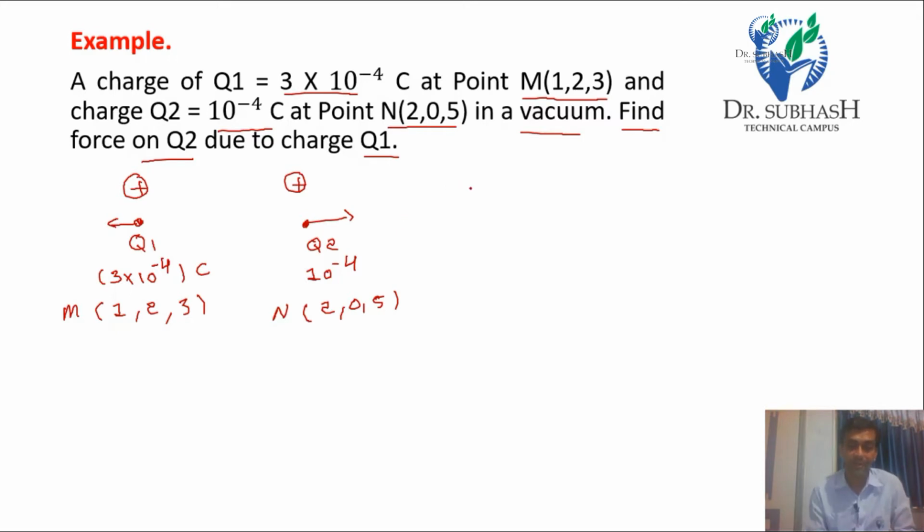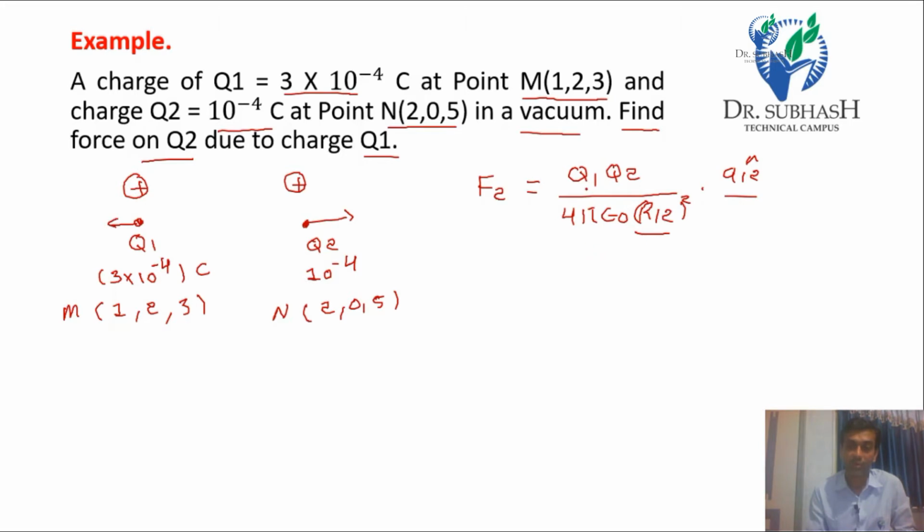Now as per Coulomb's law, the force on charge 2, represented by F2, is equal to the product of the charges upon 4 pi epsilon 0 r12 square into the a12 direction. If we find r12 and a12, then we put in the values of q1, q2 and 4 pi.